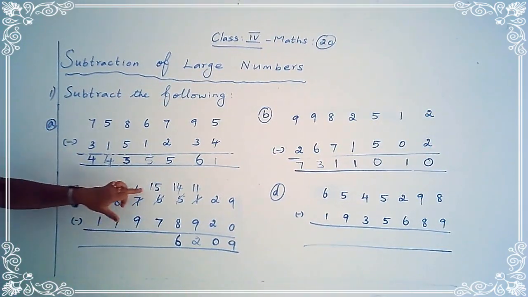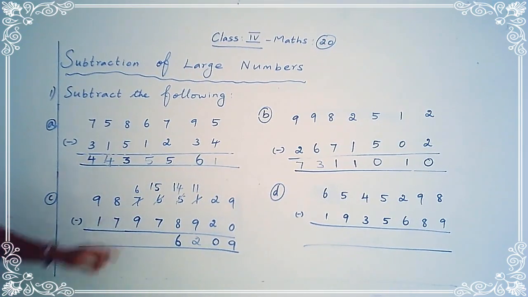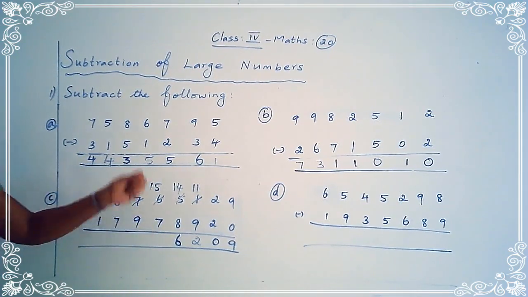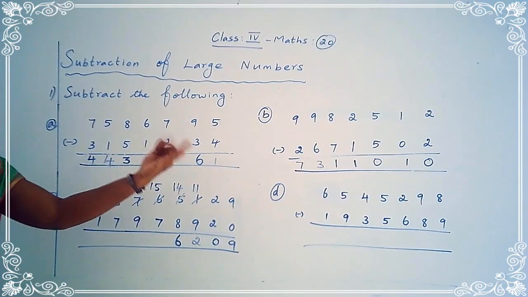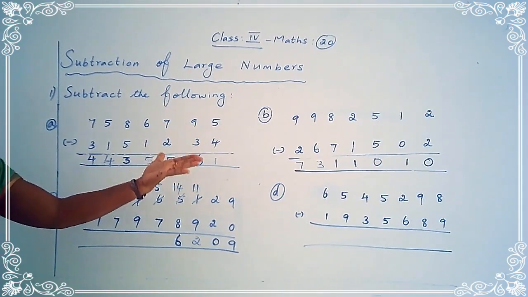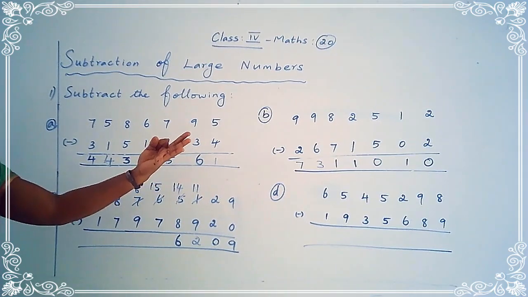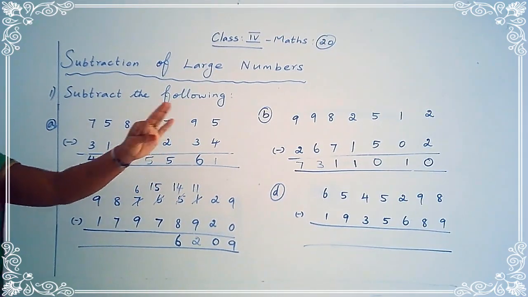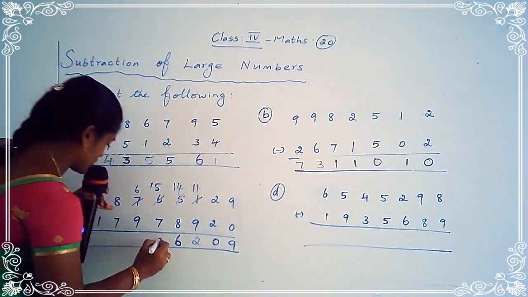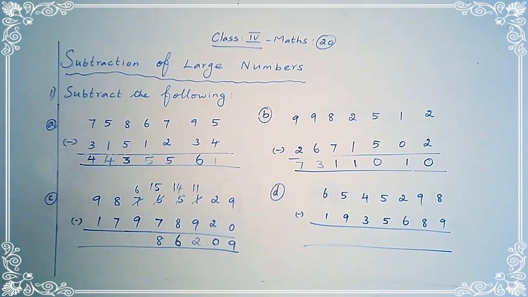Now you subtract 15 minus 7. Counting after 7: 8, 9, 10, 11, 12, 13, 14, 15. So 15 minus 7 is equal to 8.